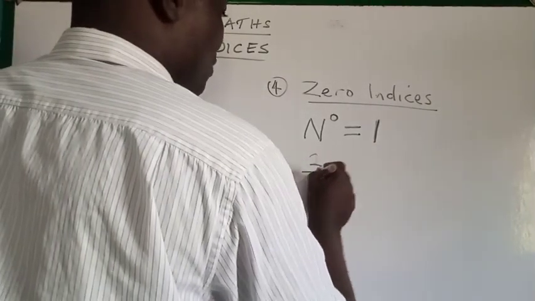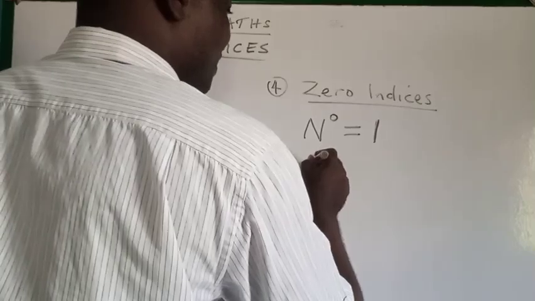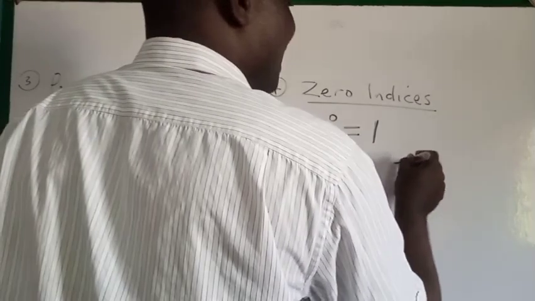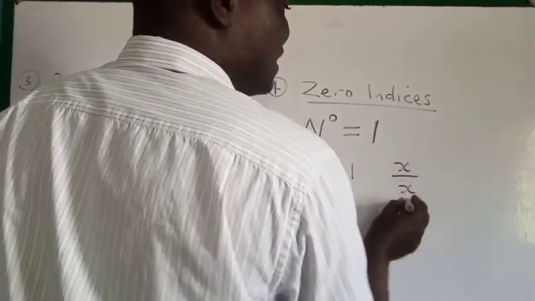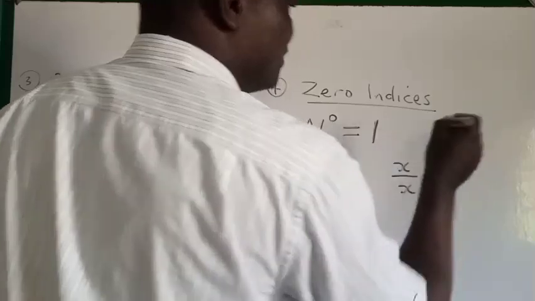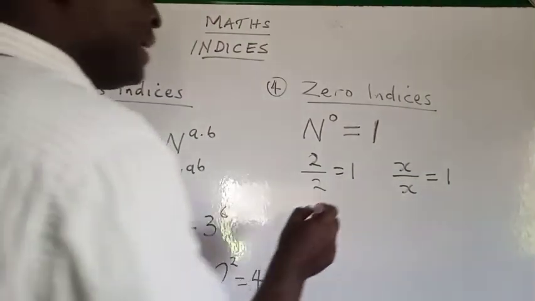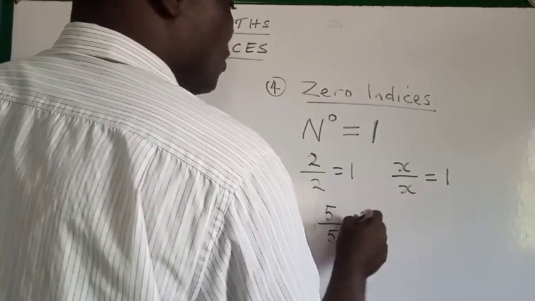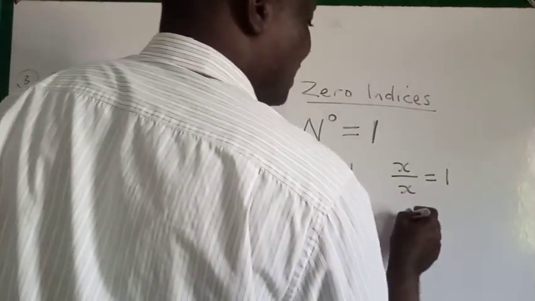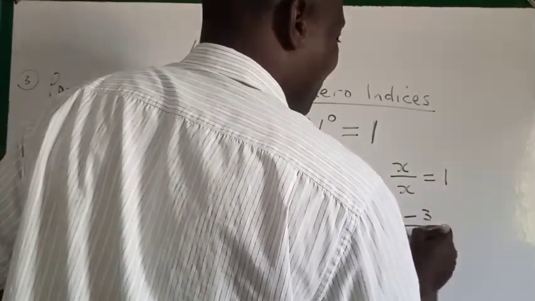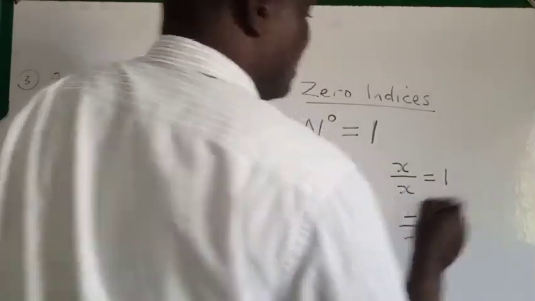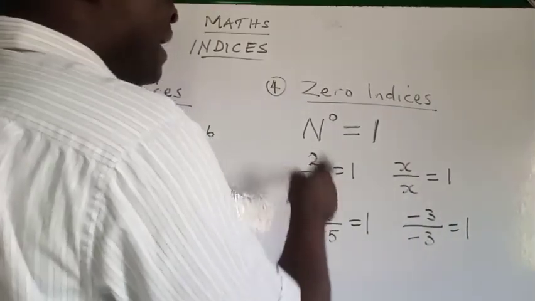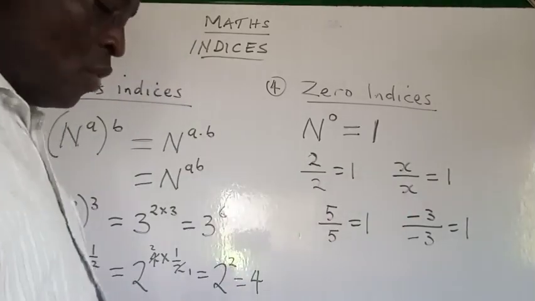If I divide 2 by 2, I will have 1. The same thing if I divide x by x. As far as they are the same, it becomes 1. If I divide 5 by 5, it becomes 1. If I divide minus 3 by minus 3, it becomes 1, because all of them are the same number. If you divide a number by itself, it becomes 1.